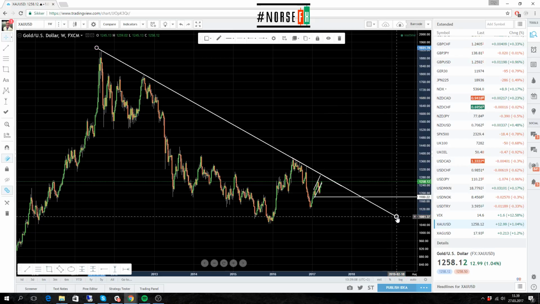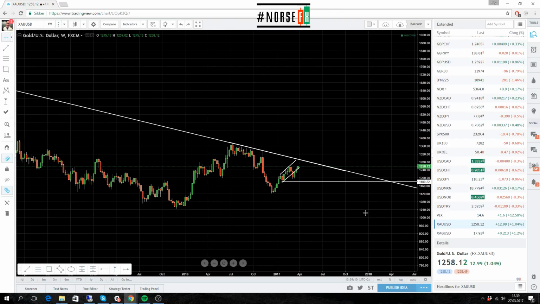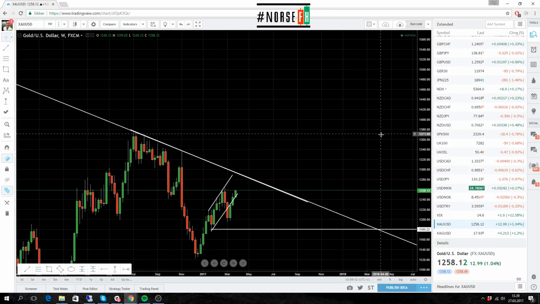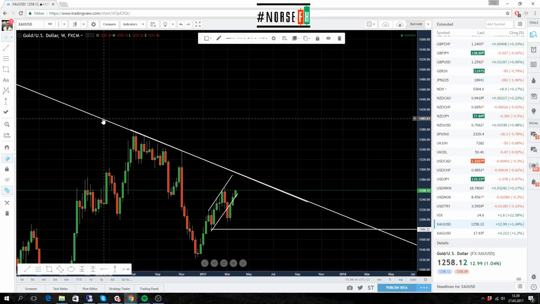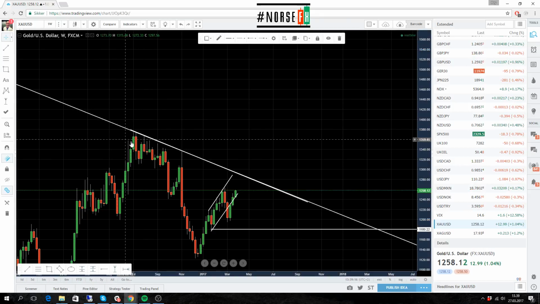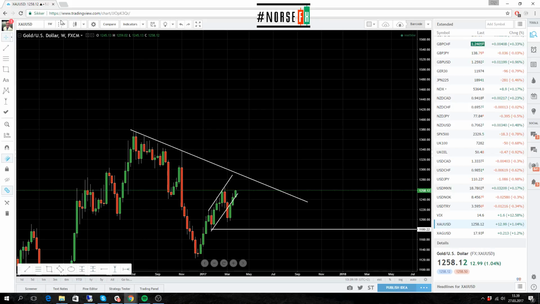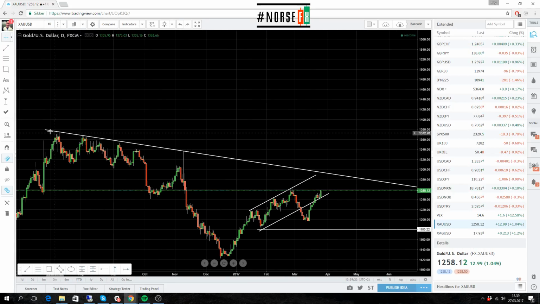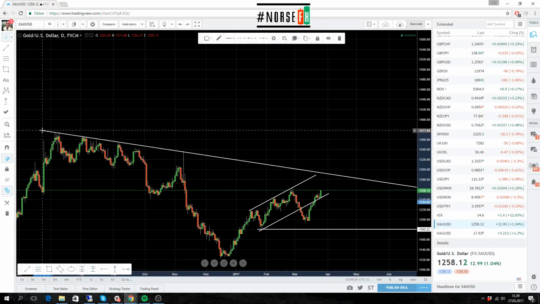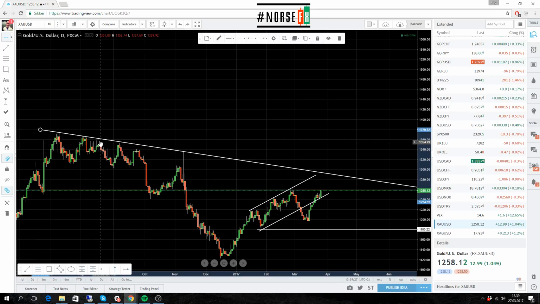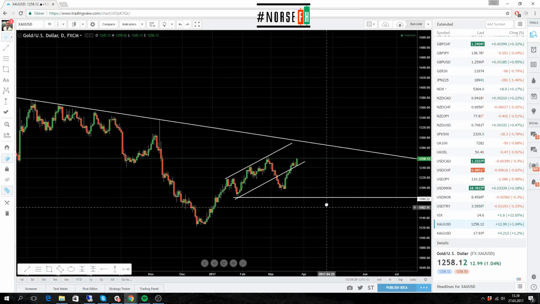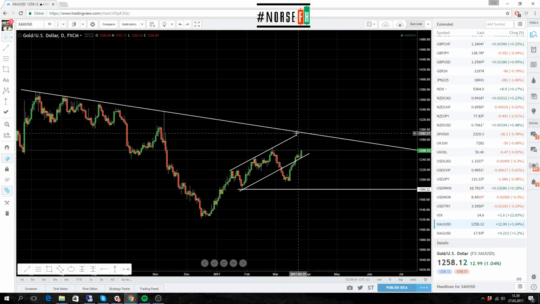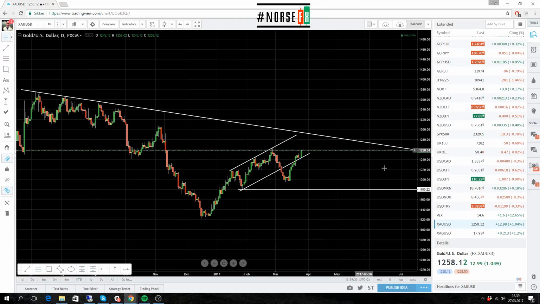As you can see right here, we have this trend line coming in here. I'm not using the weekly trend line. I'm updating my charts using the daily trend line on its own. So you see here, we already have 3 touches of this trend line. So I'm now looking to sell this trend line itself.